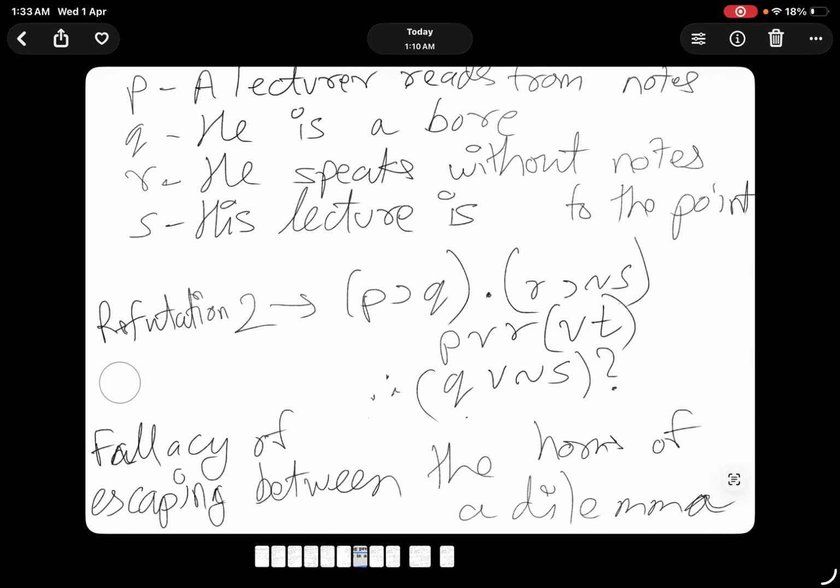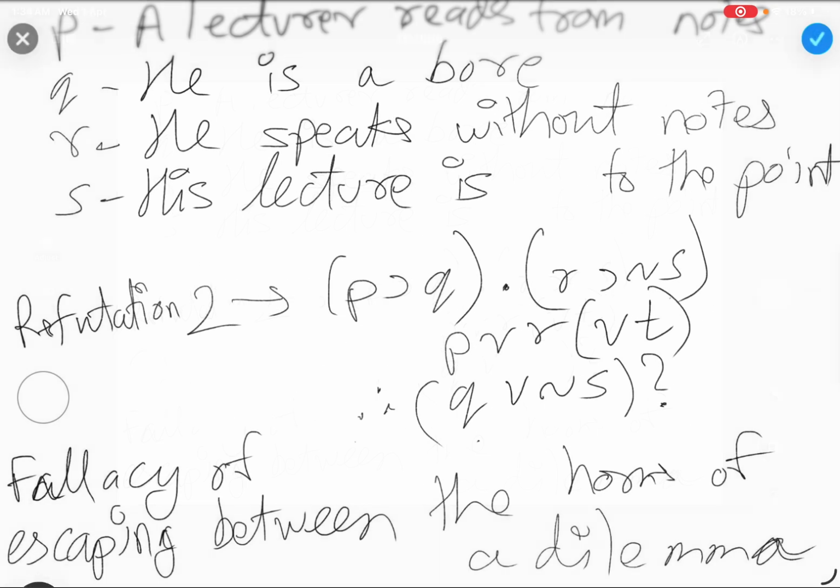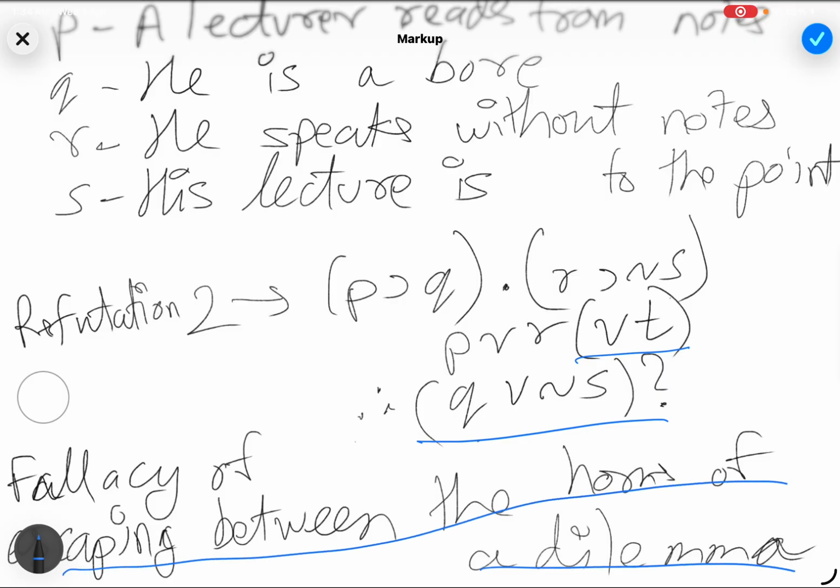Refutation number 2, यहाँ पे you will keep major premise as it is, just add a third possibility in the minor premise, and once that is done, question mark on the conclusion. This will be called fallacy of escaping between the horns of a dilemma.